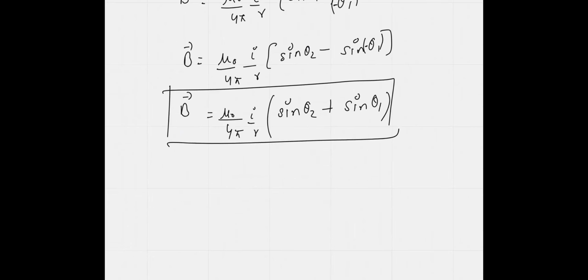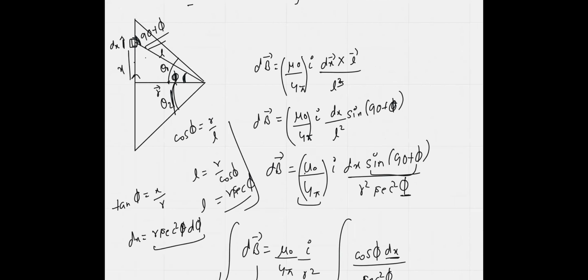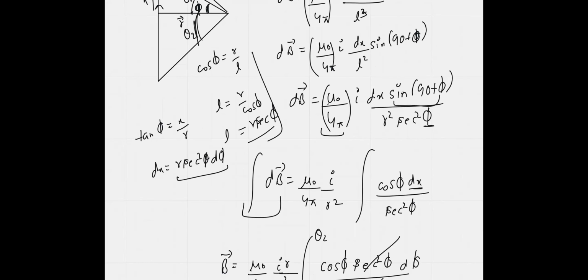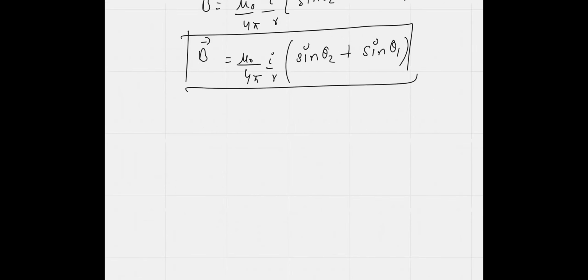Now, if you want to do it for an infinite wire, if the wire goes infinite, then theta 1 and theta 2 will approach 90 degrees.